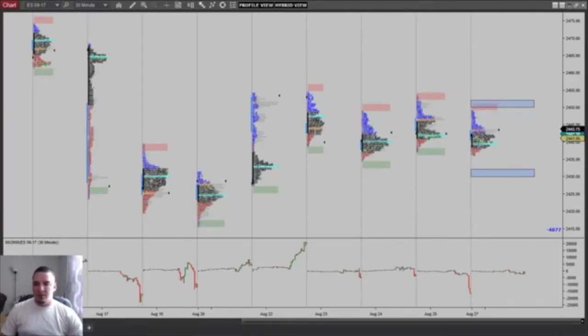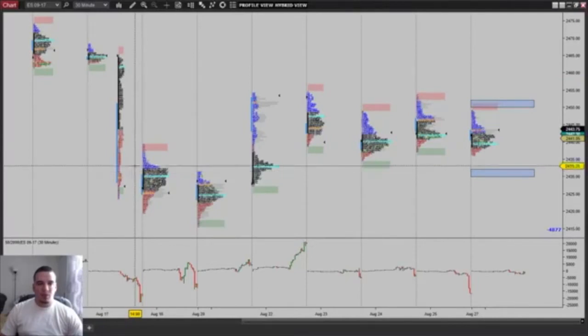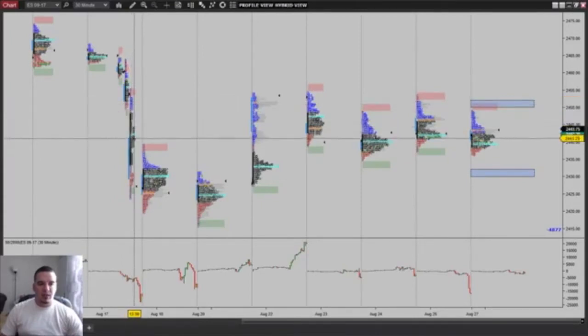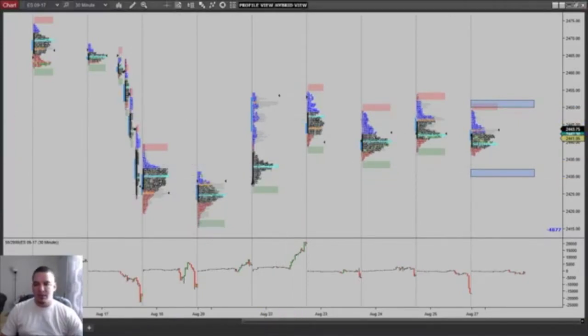A lot of other software won't let you do this, but if I go over it and I just click on it with my mouse, it automatically splits the distributions for me into whatever shapes I need. So here I'm just going to continue to split. Of course, anything that's 3 letters or wider, right? I just go over it with my mouse and click on the profile, and voila.